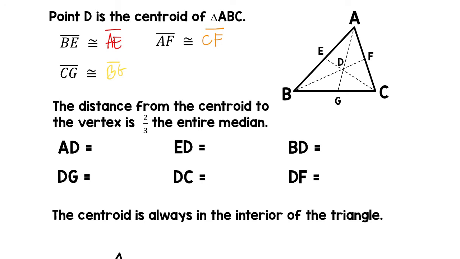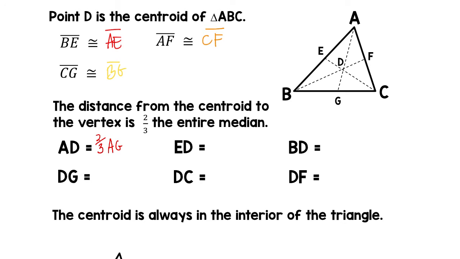The distance from the centroid to the vertex is 2/3 of the entire median. So we can say that AD right here is equal to 2/3 of AG.